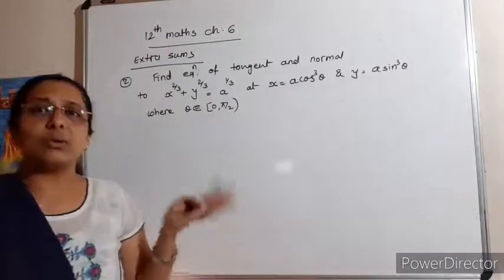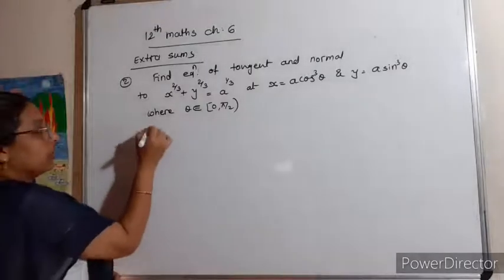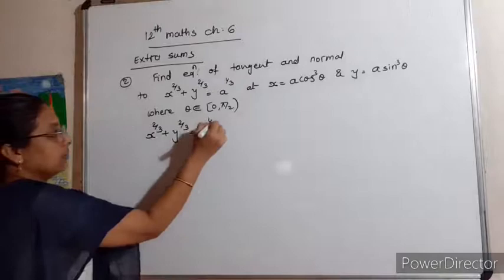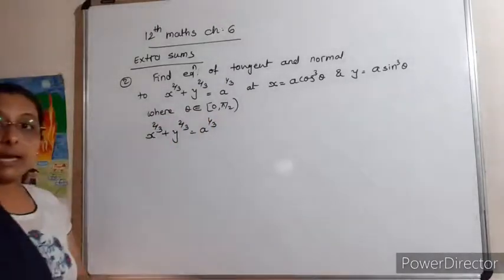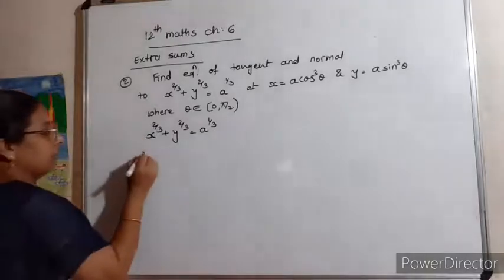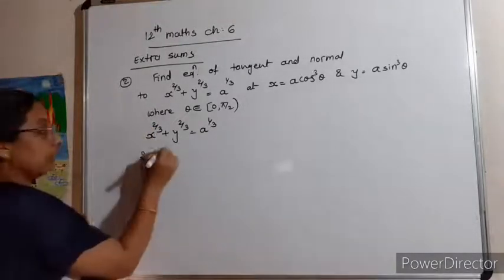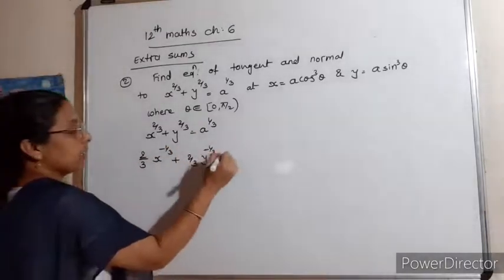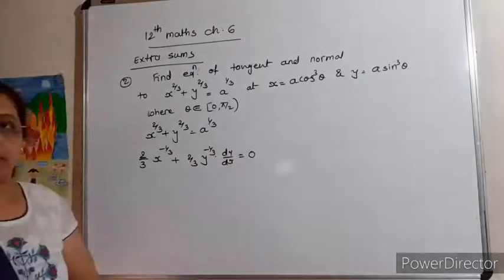We just find the slope and put it in that. So here, first of all, the curve is given. If you find the derivative, that is 2 by 3 x raised to 2 by 3 minus 1, that is minus 1 by 3, plus 2 by 3 y raised to minus 1 by 3 dy by dx, and that is equal to 0.